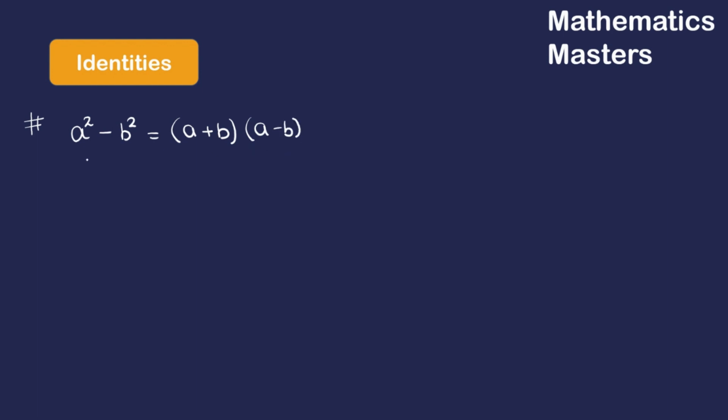That means if I have any two numbers and we are squaring and then subtracting, that would be equal to their addition multiplied by their subtraction. We are going to use this identity to factorize the algebraic expression.